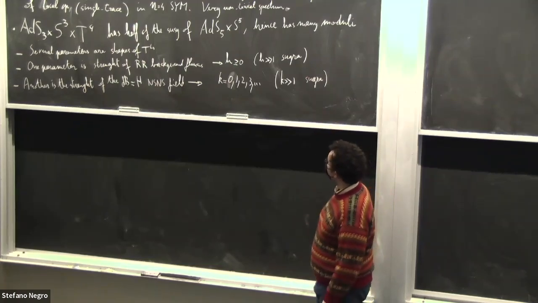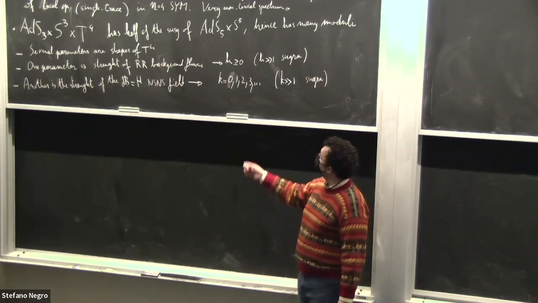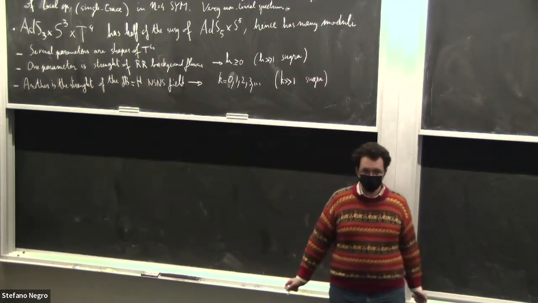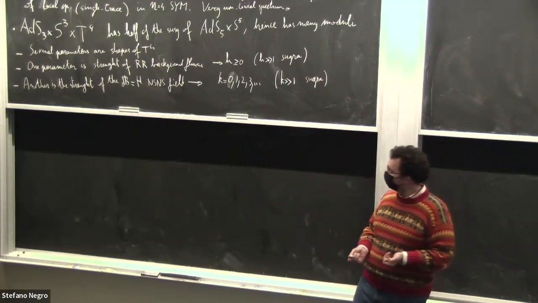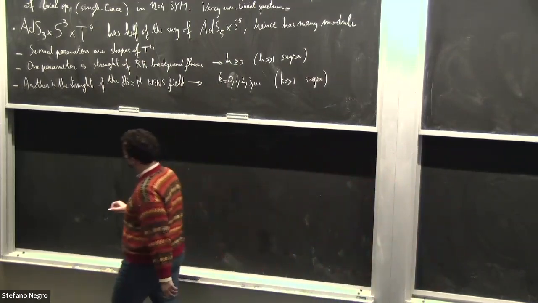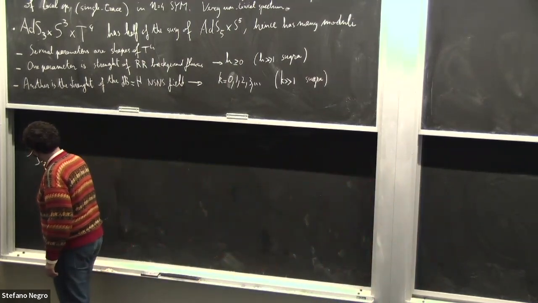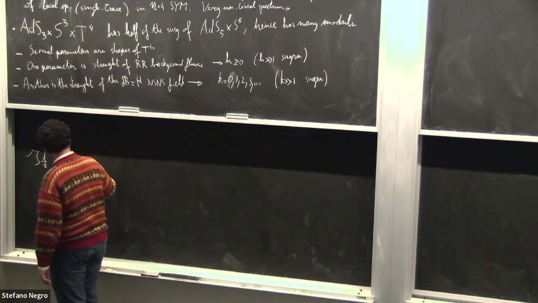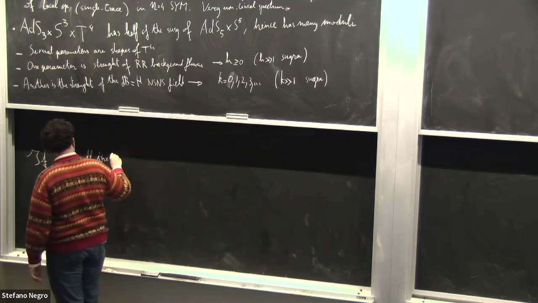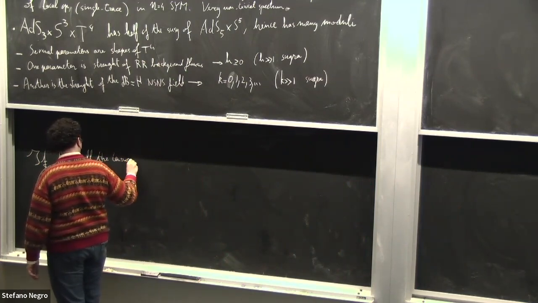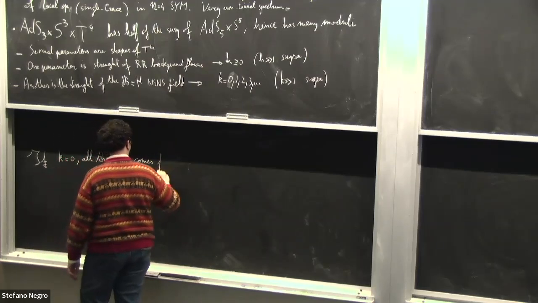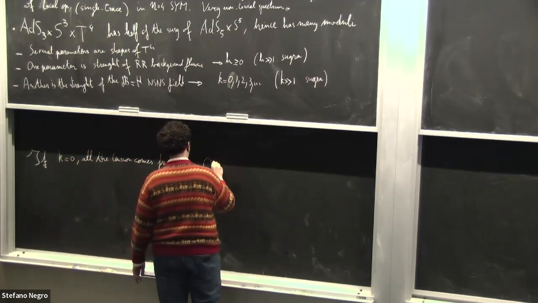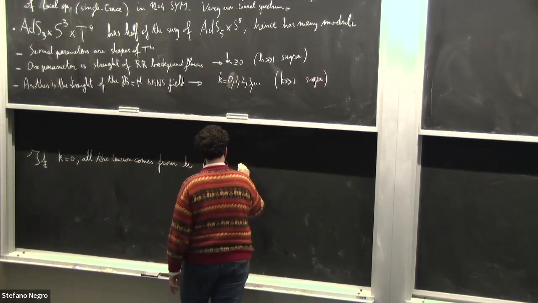But the main lesson is that unlike AdS3, where you have essentially one parameter to play with, which was the string tension, here you can get string tension from two sources that are very different in spirit. So in particular, if K is equal to 0, all the tension comes from this parameter H, which was the one associated to Ramond-Ramond background fluxes.